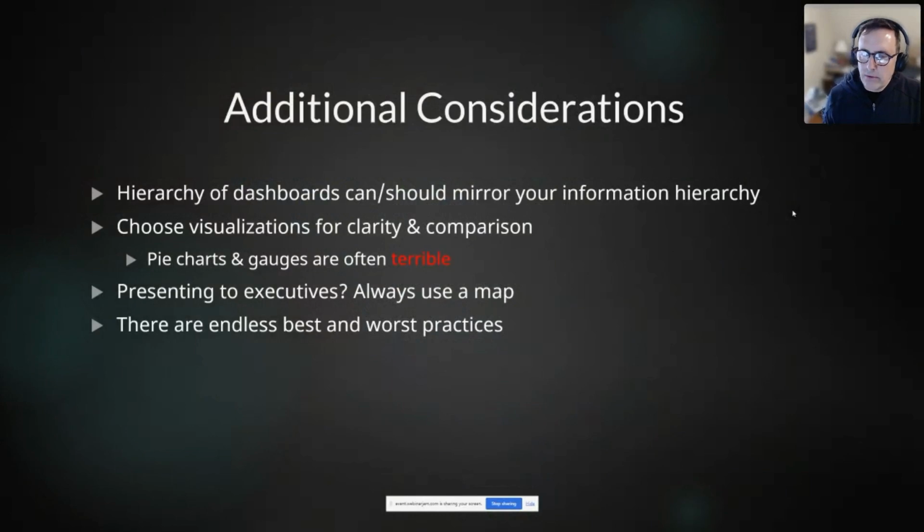Now, the last few things here: I talked a little bit about hierarchy of dashboards. If you have a hierarchy of information, say I've got a global rollout of Transpara, and inside of there regions and then sites, and then within a site I've got areas, and within that I've got equipment, or I've got it by department, or by both.